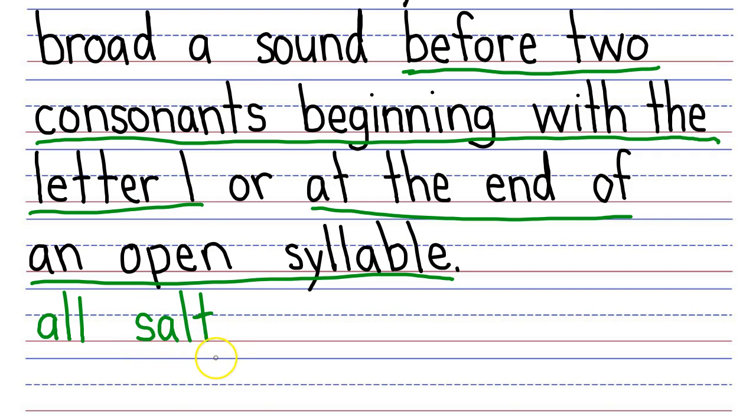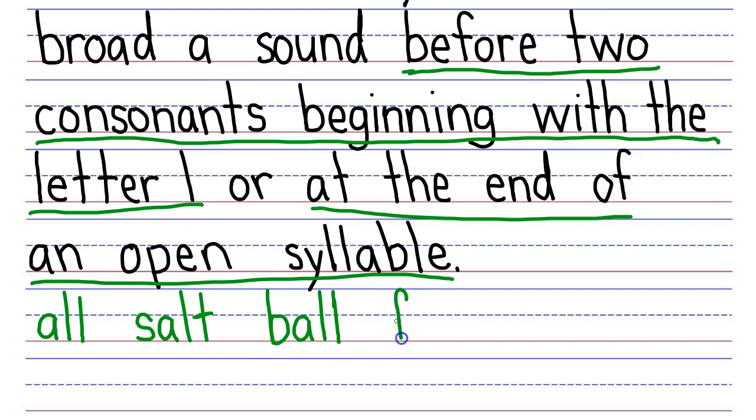All right, let's look at some more examples fairly quickly here. Ball. We have a B that says b, an A that makes a broad A sound, ah, and an L, L. Two consonants, with the first one being an L. B, ah, l. Ball. Next word, fall.